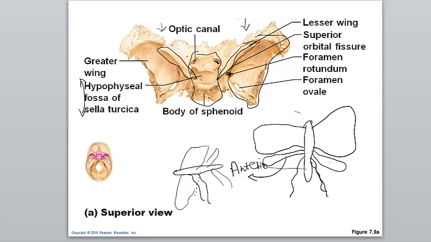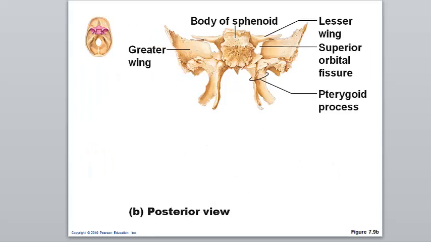Okay, let's move on to the posterior view. Posterior view is right over here, the bone. So you're looking from this direction, and you're going to see the two dangling legs. This whole thing is your pterygoid process, P silent, pterygoid process.